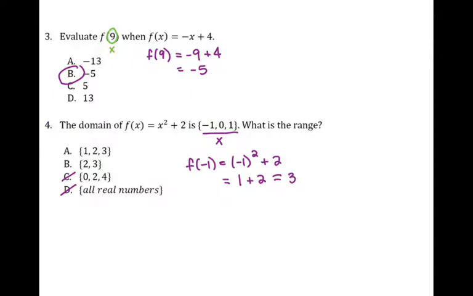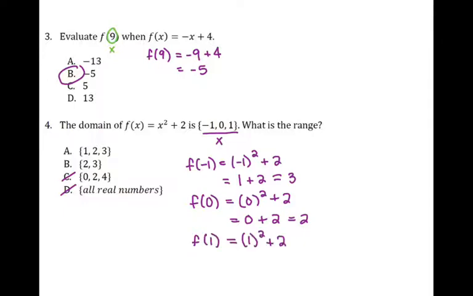And let's calculate it when it's 0. So f of 0 is 0 squared plus 2. Well, 0 squared is 0, plus 2 is 2. So far I have 3 and 2, which still leaves me with A and B. But let's evaluate f of 1. So f of 1, I have 1 squared plus 2. 1 squared is 1 times 1, which is 1, plus 2.